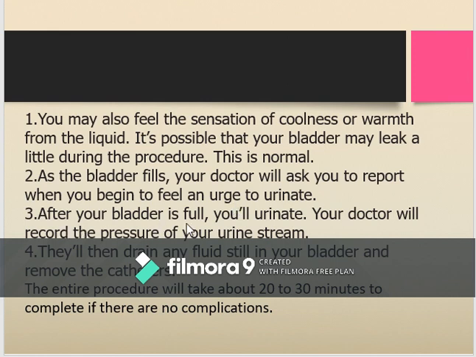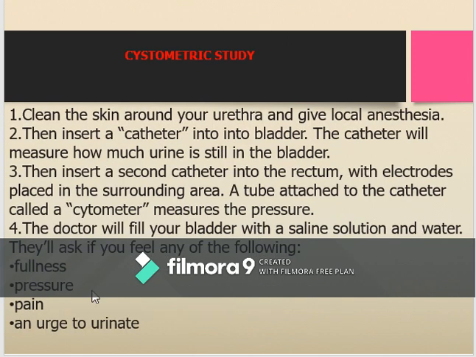After the bladder is full, the physician will allow you to urinate, and the doctor will record the pressure of your urine stream. So initially we said that a catheter is inserted into the bladder.